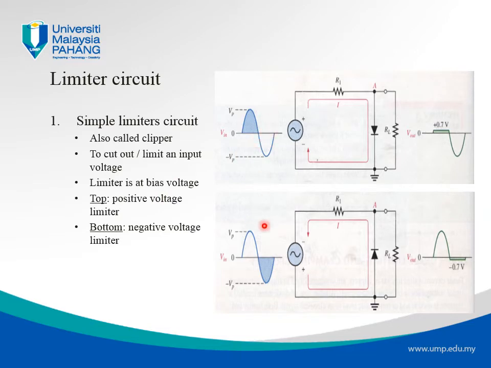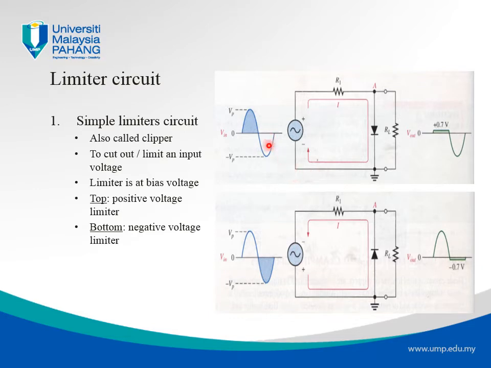Here are two topologies of limiter circuit. On the top, we have a positive voltage limiter, and at the bottom, a negative voltage limiter. A voltage limiter is also a rectifier, but if we look at it alone, we call it a limiter or clipper, right?